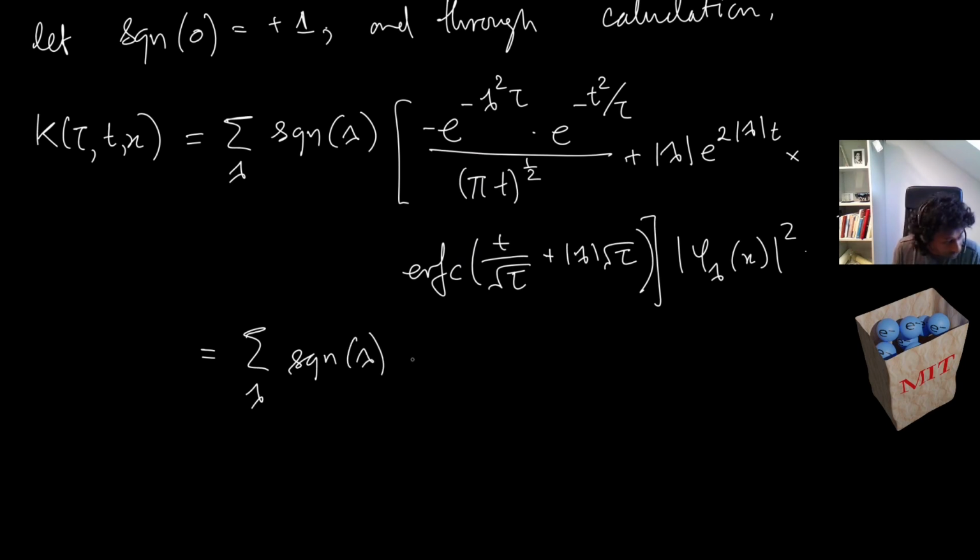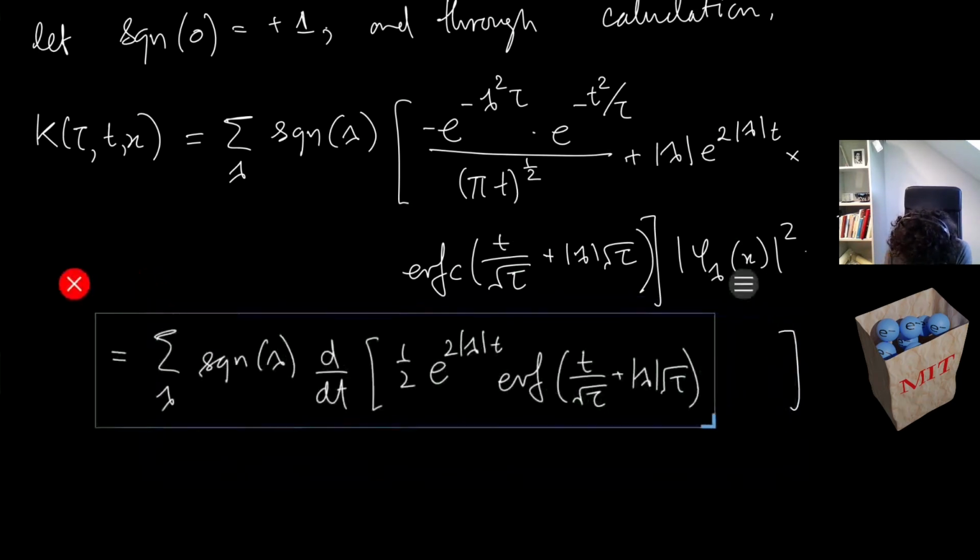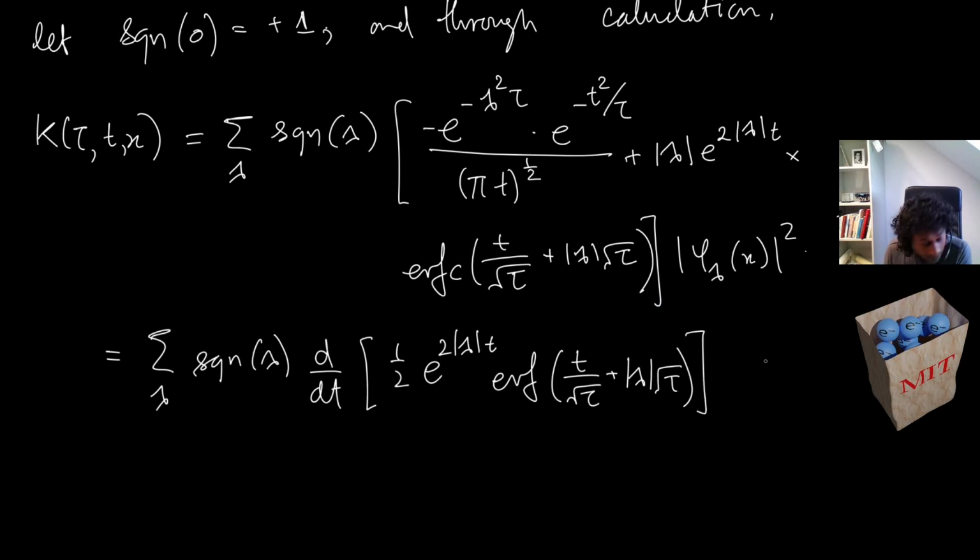So this actually is d dt of a half e to the 2 modulus lambda t of t on square root tau plus modulus square root tau. Ran out of room. Modulus of this squared. Okay.